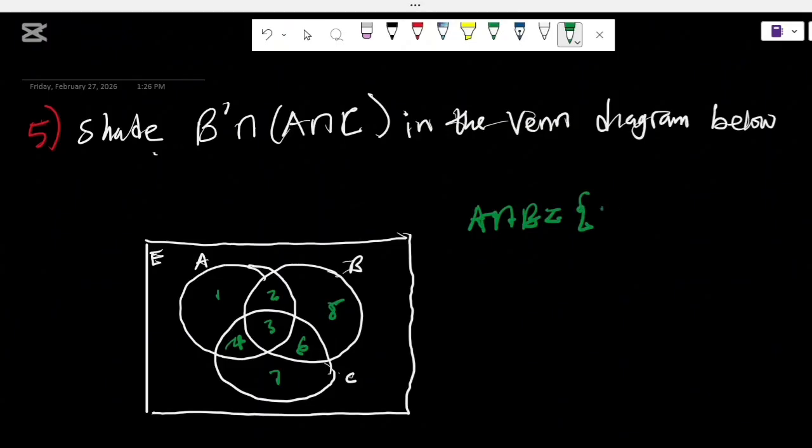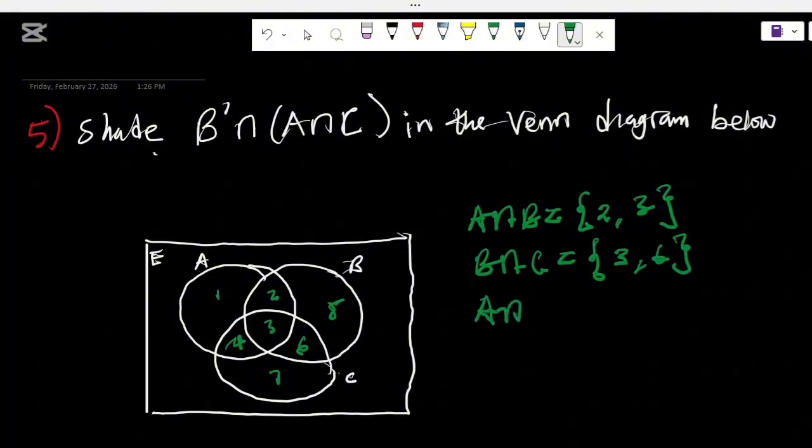We have 2 and 3. And B intersection C, what is common is we have 3 and 6. And we also have A intersection C, where we have 3 and 4.